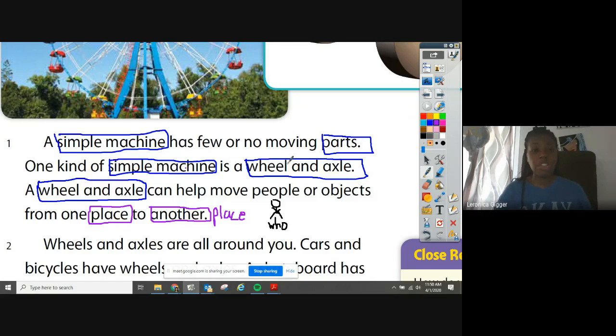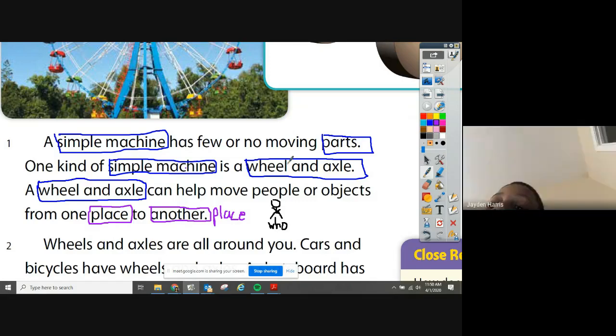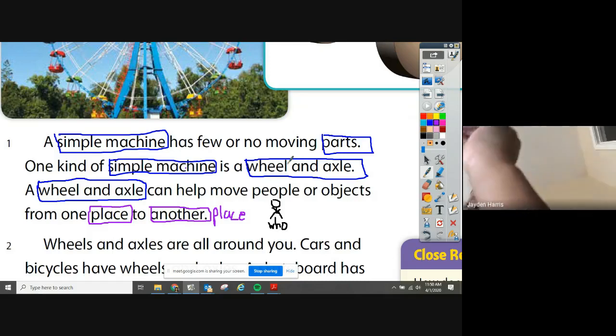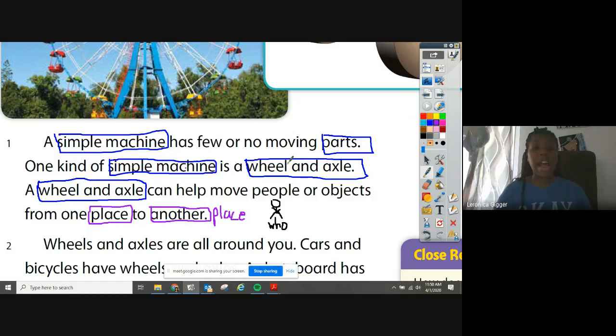What is a simple machine? A simple machine is something simple. It's something that moves objects. No, let's use the actual sentences that are in the text in paragraph one. Remember, you're going to use details to answer this question. What is a simple machine? What sentence tells me the answer?